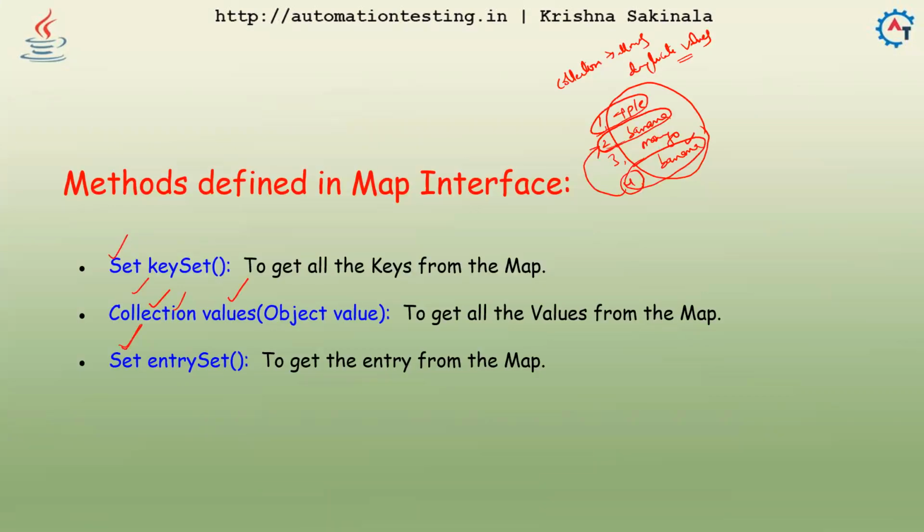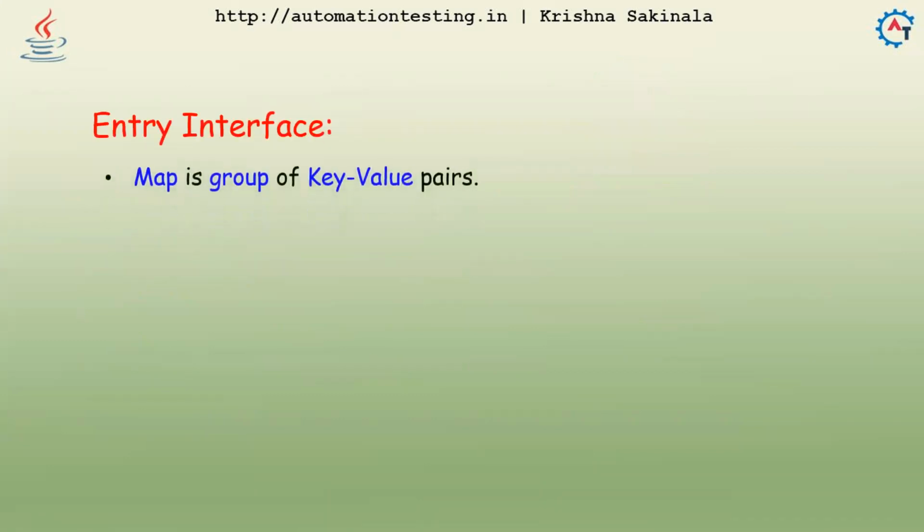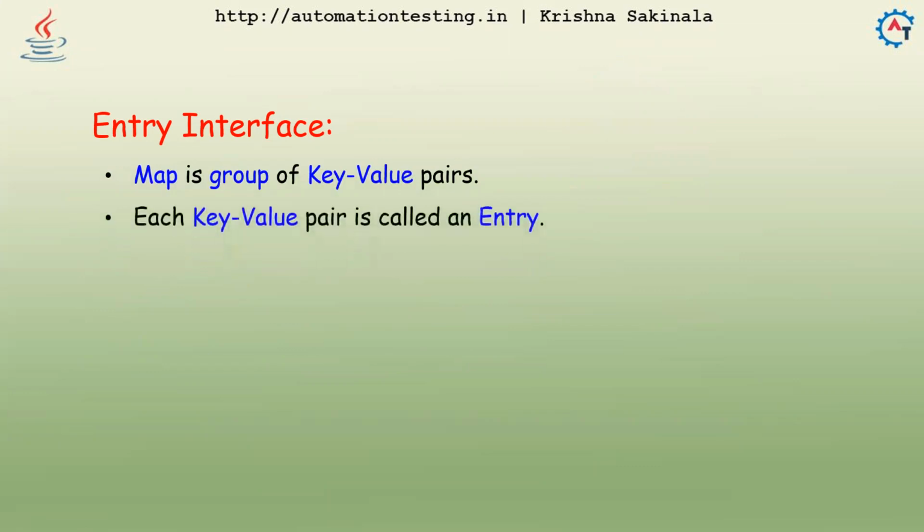If you move further, entry is also an interface. We are saying entry, right? Entry is also a separate interface. A map is a group of key value pairs, which we already discussed. Each key value pair is called what? Entry, right? So entry is defined inside the map interface.